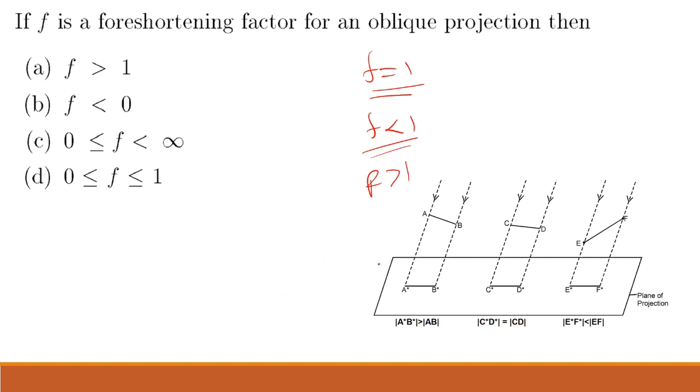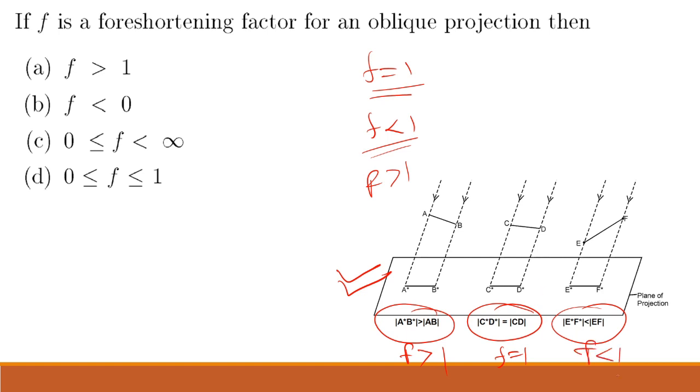We have already discussed these various cases of the oblique projection. In the first case we are getting the bigger length, that means the foreshortening factor is greater than 1. In the second case we are getting the same size, so the foreshortening factor is 1, and in this case we are getting the smaller size, the foreshortening factor is less than 1.